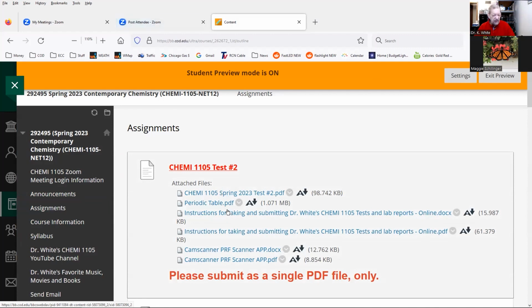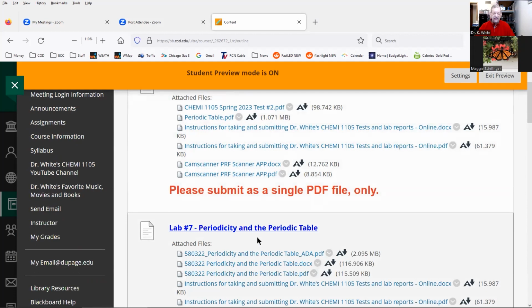You'll notice here you have a periodic table, instructions for submitting my tests and lab reports, and a CamScanner file to tell you how to use it. As I sent out the other day in an email, and I'll send out again today, please submit this test as a single PDF file. If you don't, I reserve the right to subtract up to 50 points from your test total.